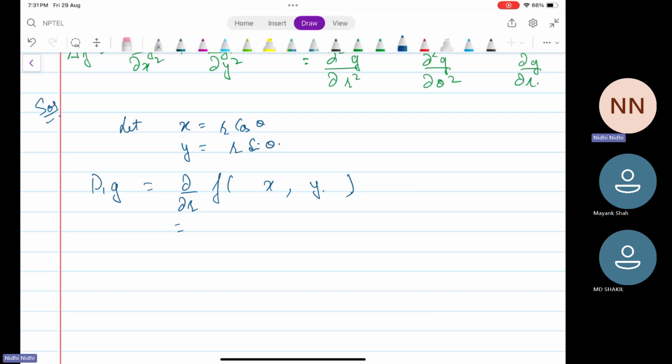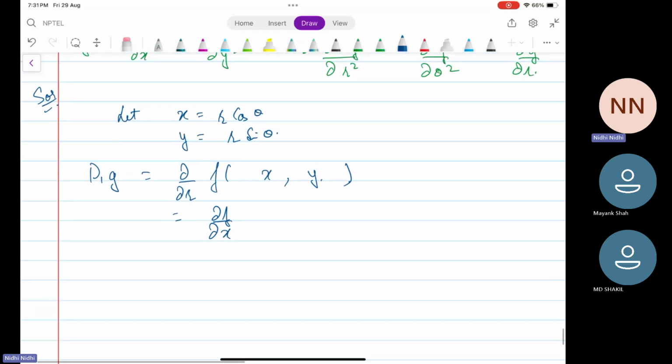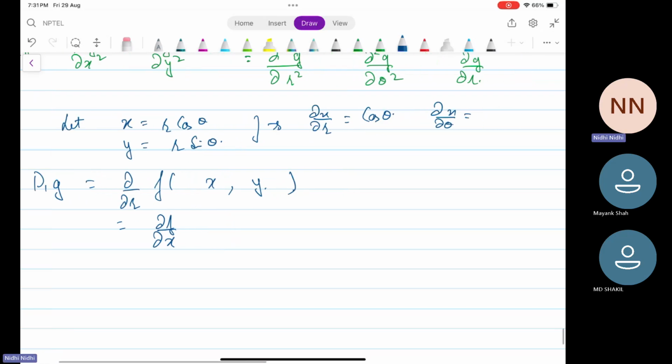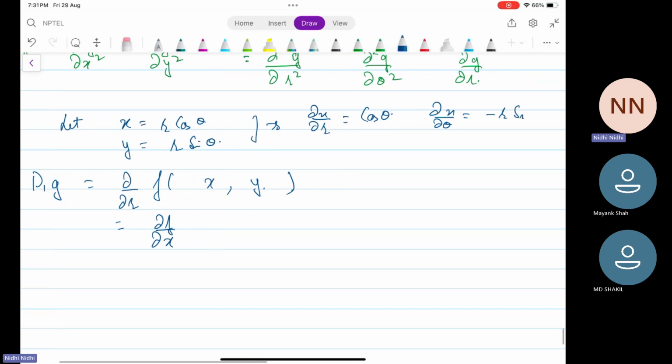So this is del f by del x times del x by del r, plus the y term. Let me write these first. Del x by del r is equal to cos theta. Del x by del theta is equal to minus r sine theta. Del y by del r is equal to sine theta. Then del y by del theta is equal to r cos theta.